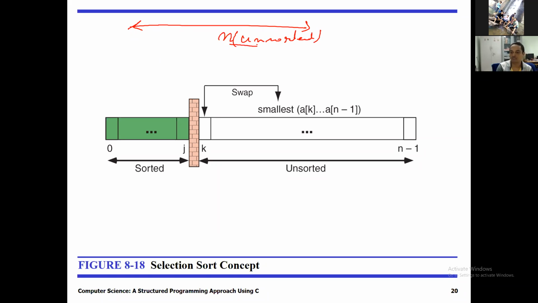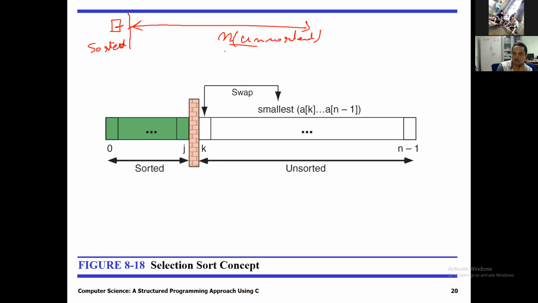Find the smallest element from the unsorted part and put it at the beginning of the array. That you can call sorted.